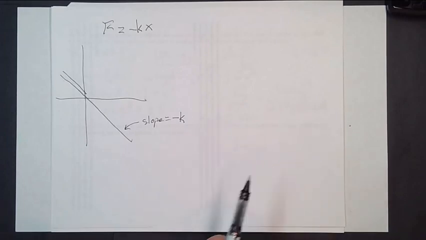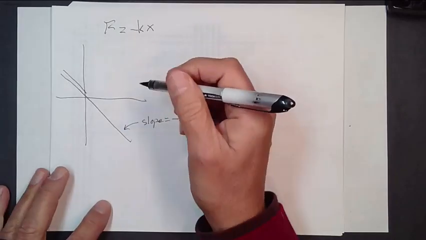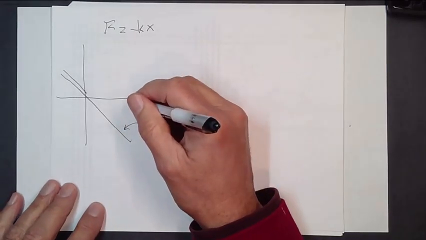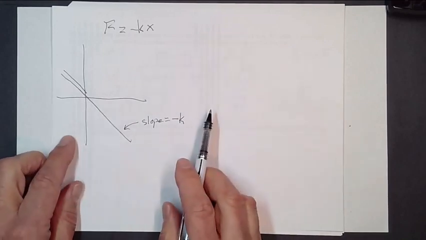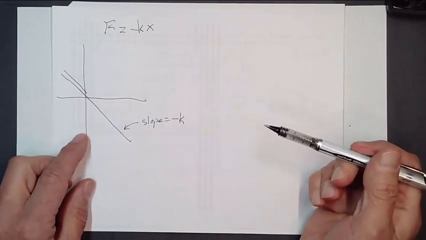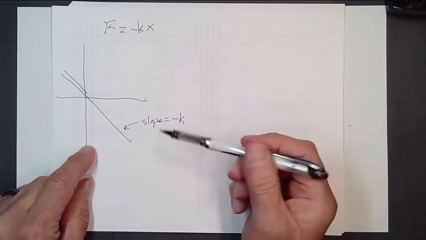It's a measure of how hard a spring pulls back for every unit of stretch that you give it. Now, we figured out that the work done by a spring is negative. If you stretch it, the spring will be opposing that stretch the entire time.